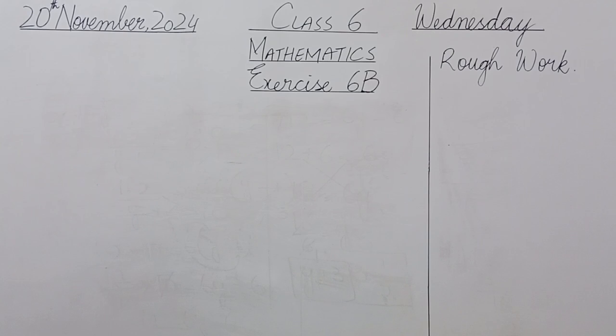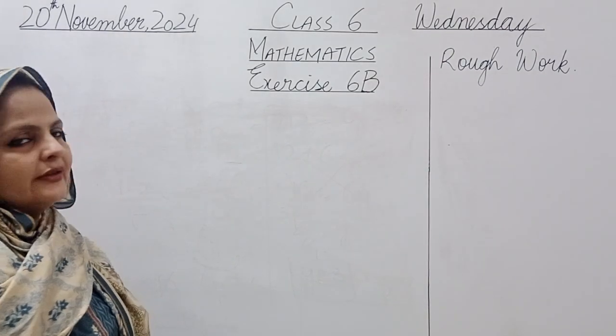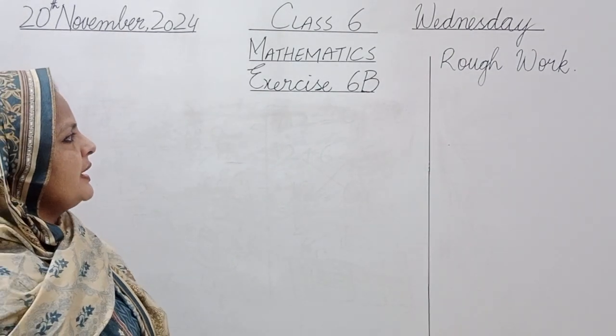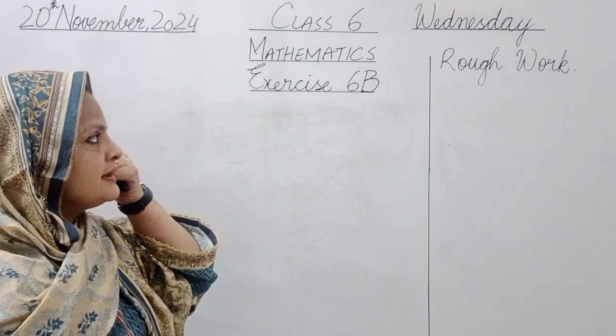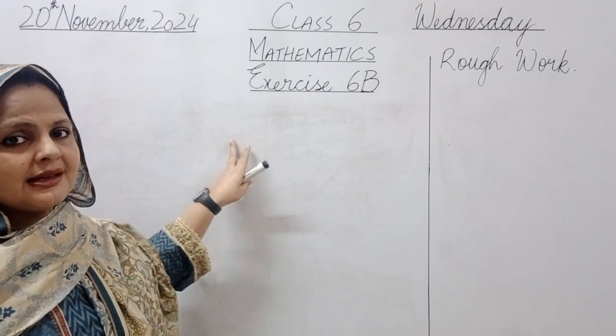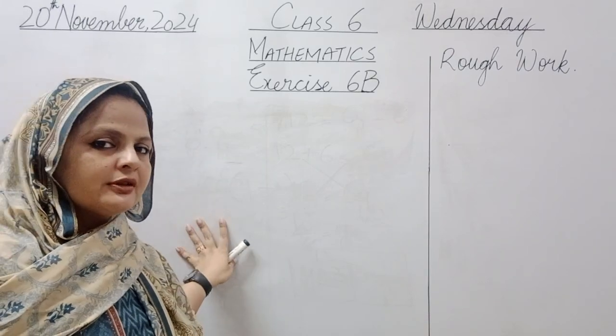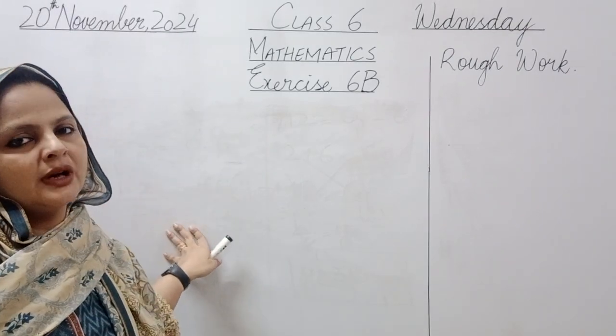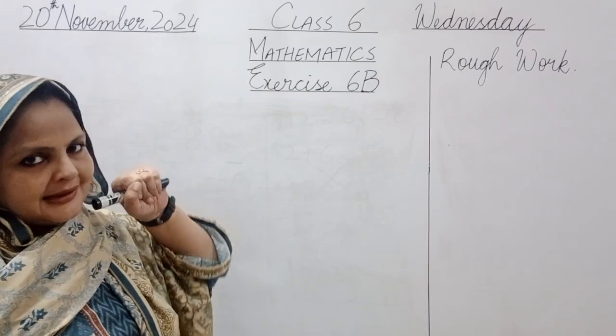You must have in your mind that we are doing exercise 6B, and yesterday we started this exercise. We solved one of the examples of it and then we did question number 1 of this exercise 6B.